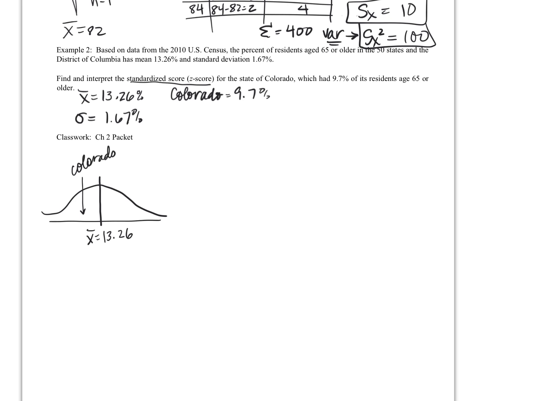What we're doing when we standardize is we redraw this and make the center 0. And z-scores are how many standard deviations below or above the center this value is. So is Colorado going to be below 0 or greater than 0?